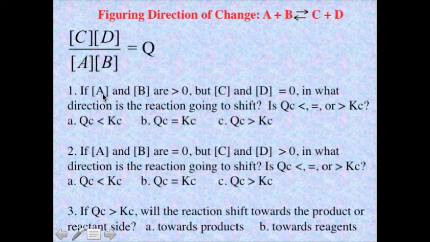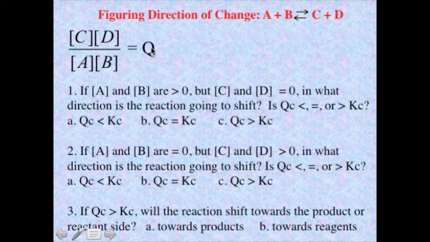If concentration of A and concentration of B are greater than 0, but C and D concentrations are equal to 0, that means your numerator up here is 0, which means the value of this ratio is 0 and Q is 0. Now, since K is always greater than 0, it's never 0 and it's never less than 0 or a negative number. That means Q is smaller than K.